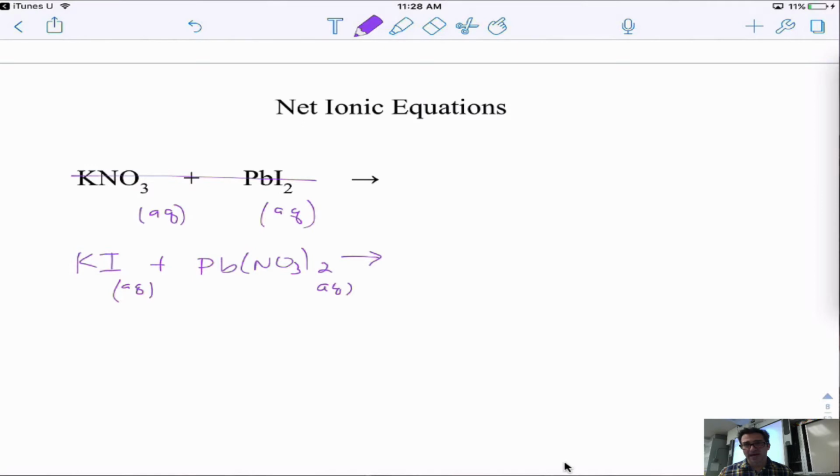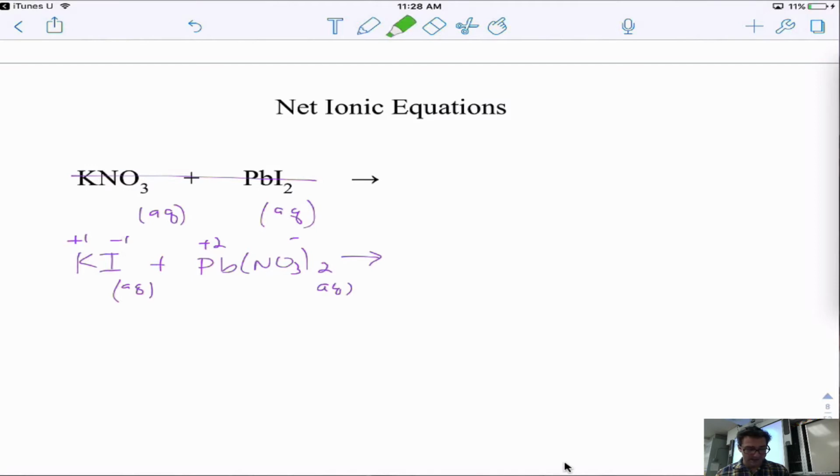But let's see what would happen if we combine them together. We mix the two solutions, in separate beakers, and we get a result. Now let's look at the products that form. First, I want to assign charges to the elements that I'm starting with, the K plus and the I minus, the Pb plus 2 and the NO3 minus, and these you should know pretty well. So now I'm going to recombine them.